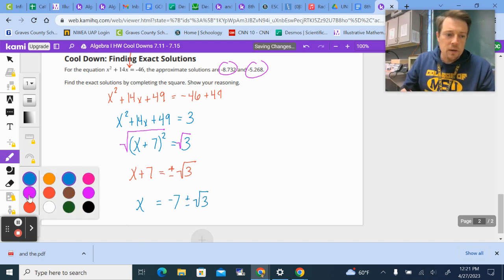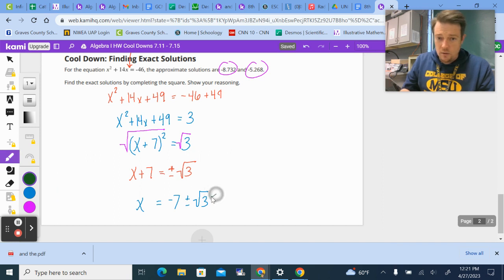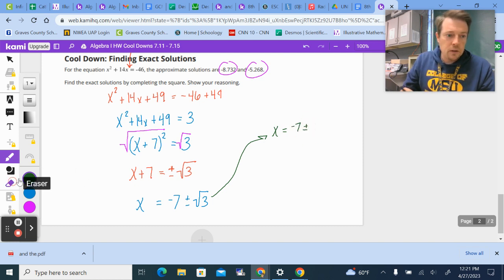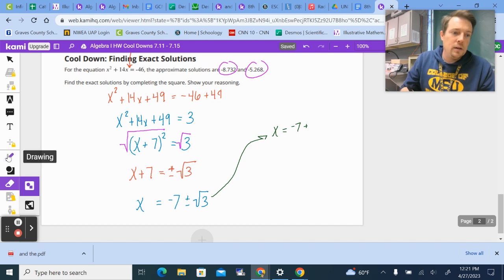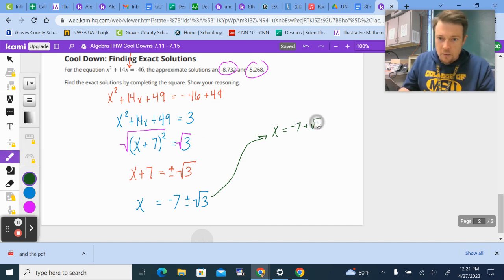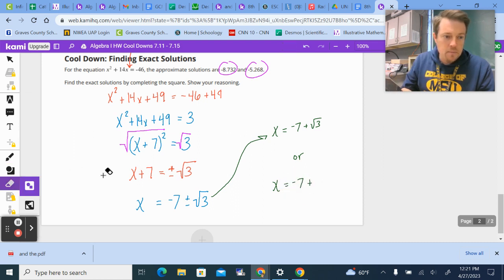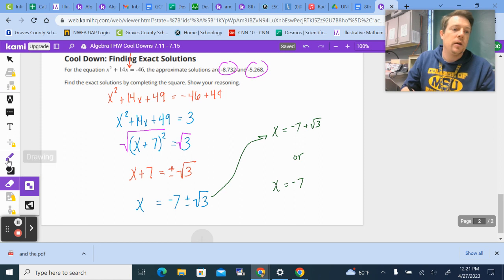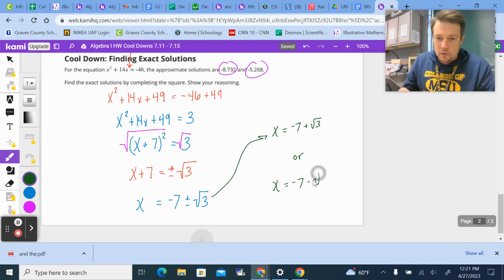Essentially what this means, if you're thinking, oh my God, my answer looks like that. Yes, it does. So the answer means that x could be negative 7 plus root 3, or it could be x equals negative 7 minus square root of 3.